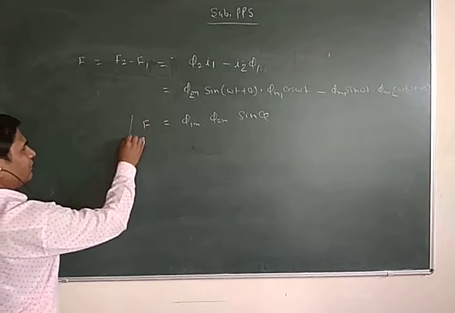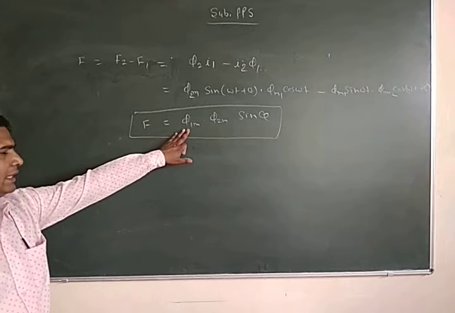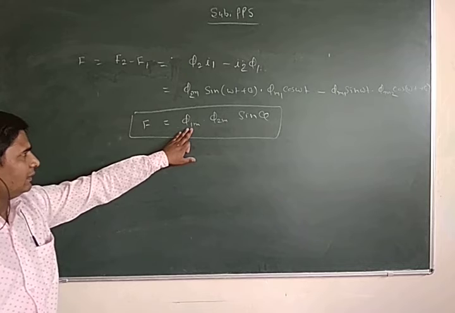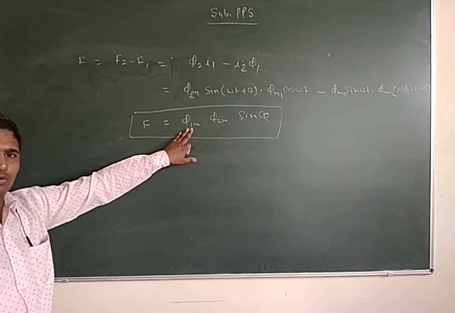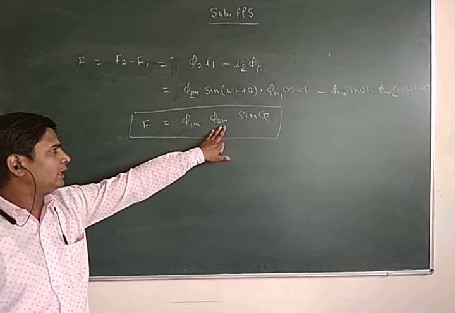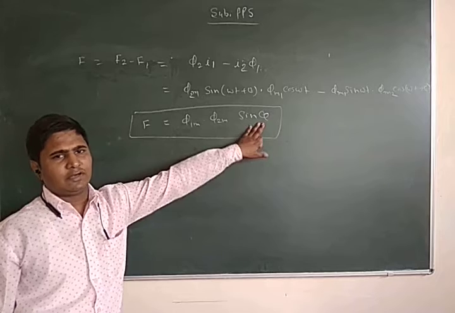So the net force depends on the magnitude of Phi1m and Phi2m, where Phi1m is the maximum flux due to coil 1 and Phi2m is the maximum flux due to coil 2, and theta is the phase displacement angle between Phi1 and Phi2.